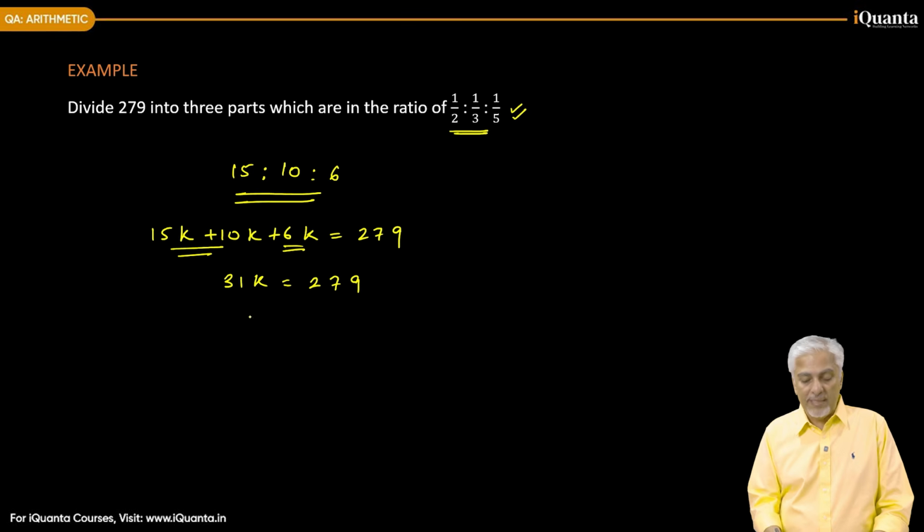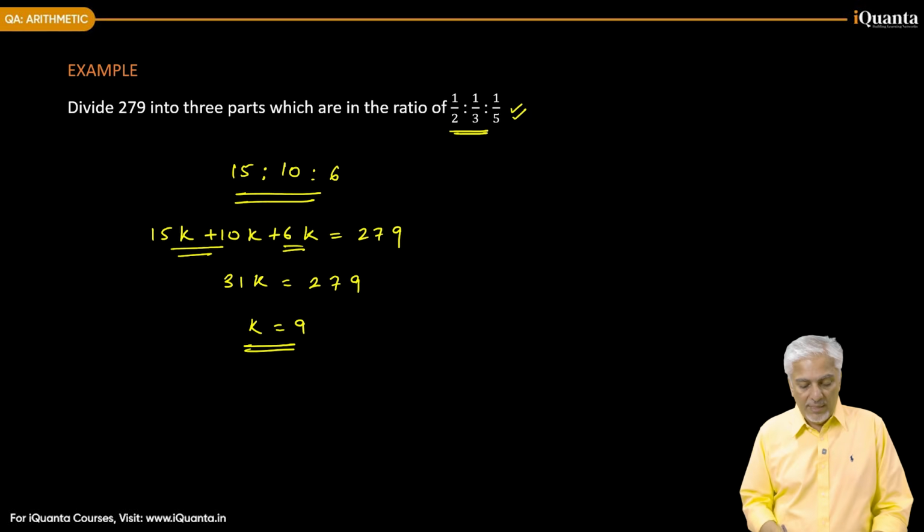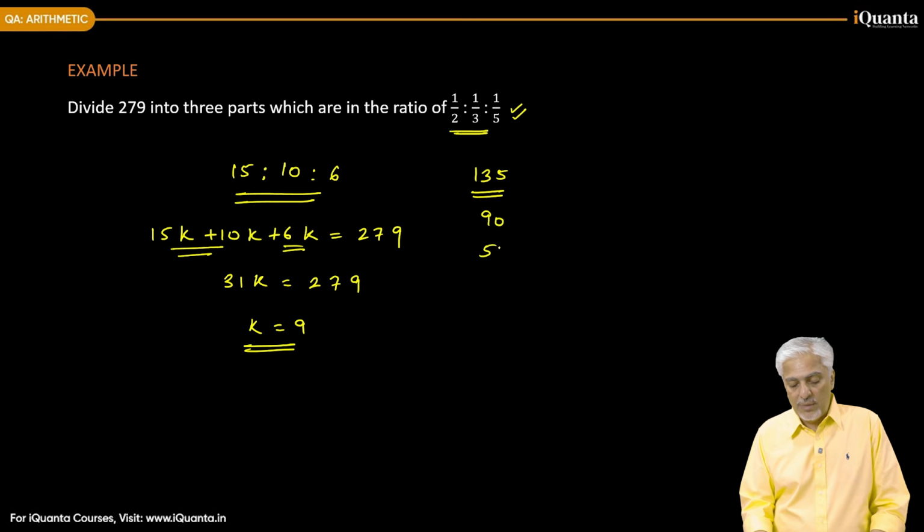So I think k should be 9 if I divide this. Once I got k as 9, the first number will become 15 nines, which will become 135. Second number will be 10 nines, which will be 90. And third number will be 6 nines, which will be 54.